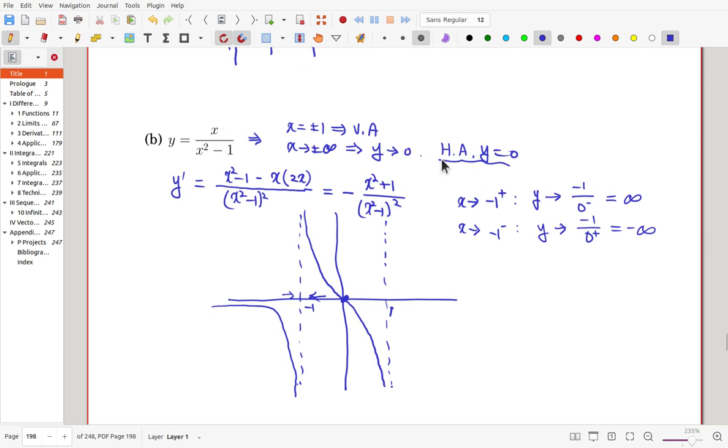But the horizontal asymptote is y equals 0, so it never crosses the x-axis, and then goes down and becomes smaller and smaller. We can see that x equals 0 is the only x-intercept, so there's no other point passing the x-axis. Okay? So that is a rough picture of the function.